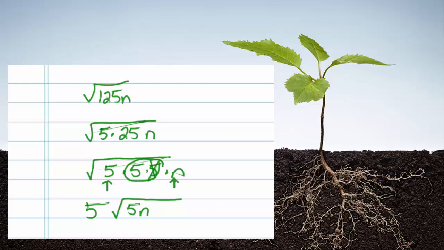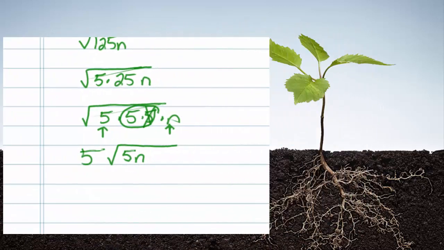Let's look at problem number 4. Problem number 4 is the square root of 512 m to the third power. Now, we're looking for prime factorizations, so I'm going to take 512 and divide it by 2.